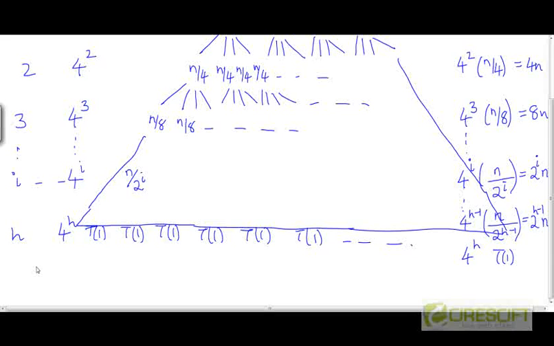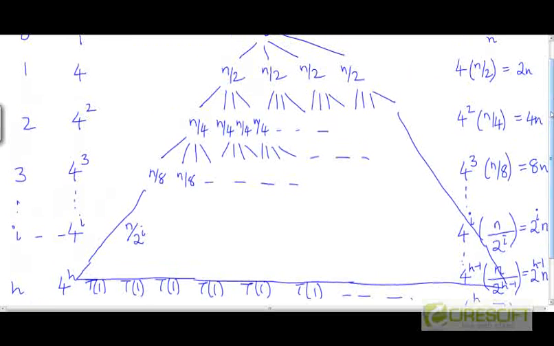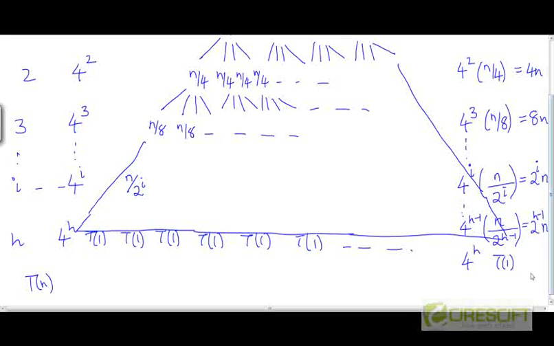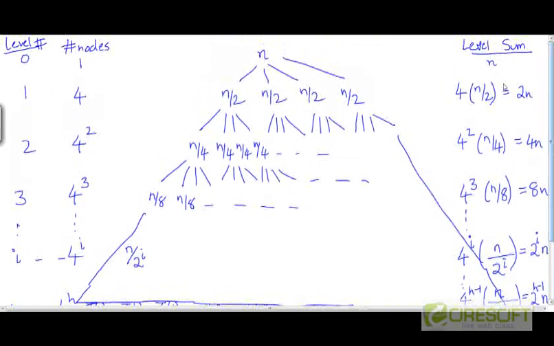So we can write the running time T(n) as the sum of these level sums from level 0 to level h. We'll write the term for level h separately, 4 to the power h times T(1), because it contains this T(1) term. And we can write the remaining h terms.